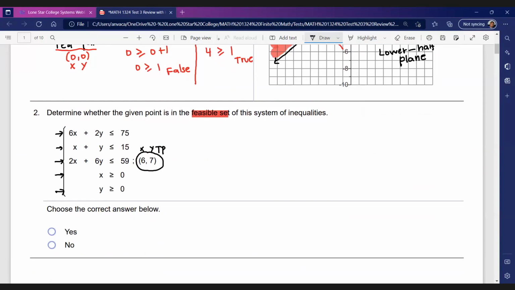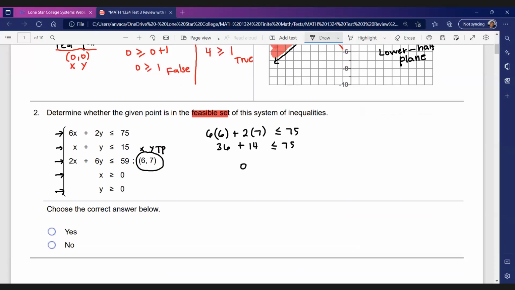So plugging it into the first inequality, we have 6 times 6, the x value, plus 2 times 7. Is that less than or equal to 75? 6 times 6 is 36 plus 14. Is that less than or equal to 75? 4 and 6 makes 10.